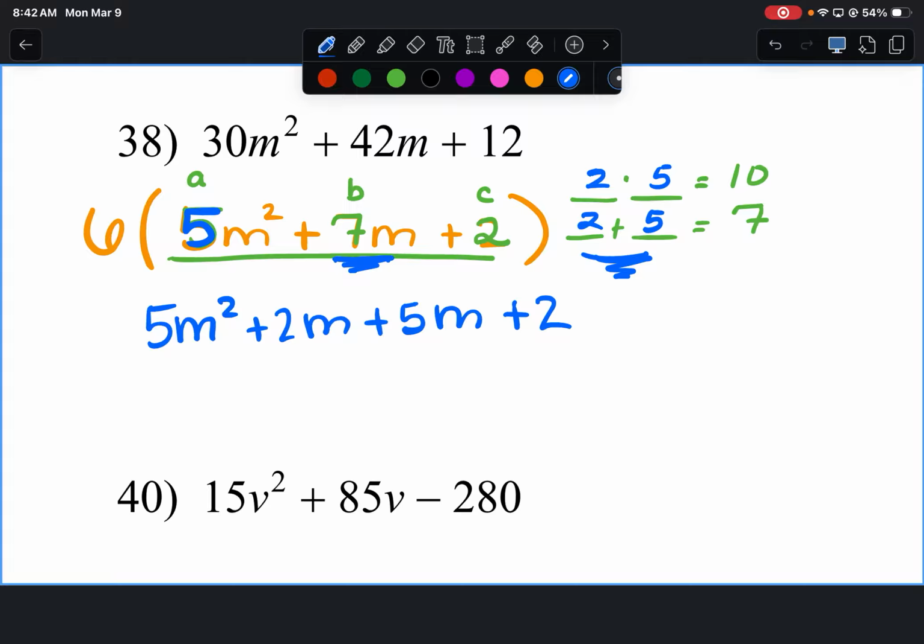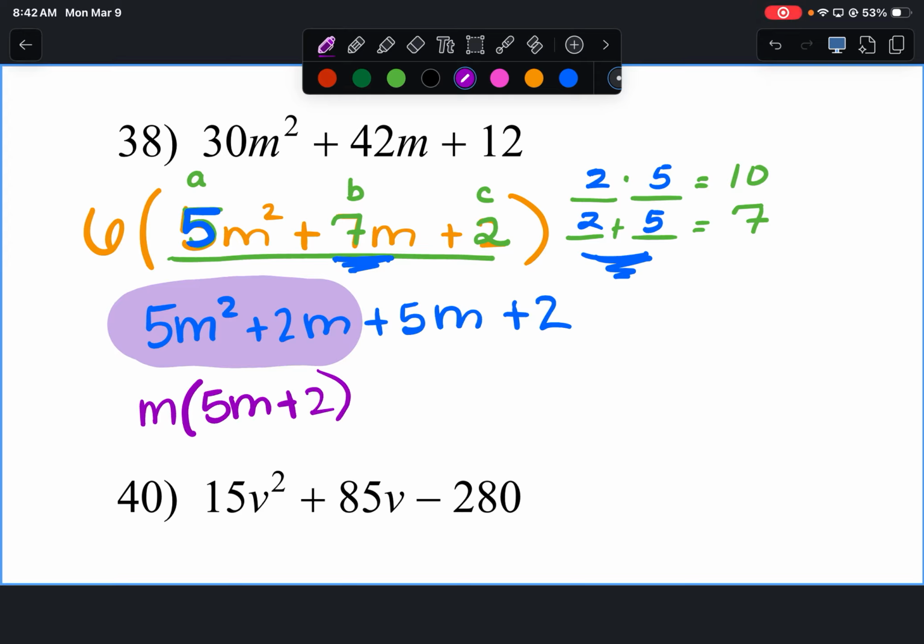Now, our grouping. We group the first 2. What is the greatest common factor of 5m squared plus 2m? If we take out an m, what does that leave us with? 5m plus 2. Now, the second half of this. What is the GCF of 5m and 2? 1.